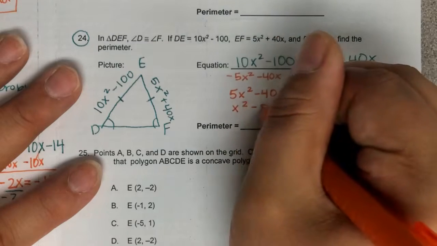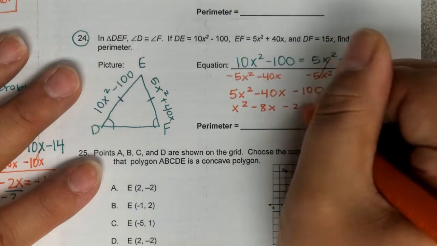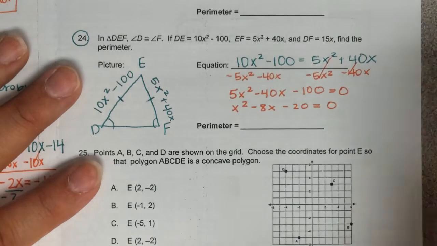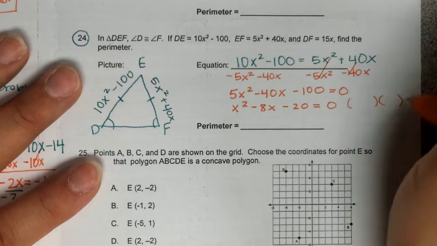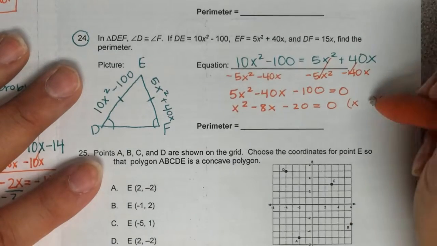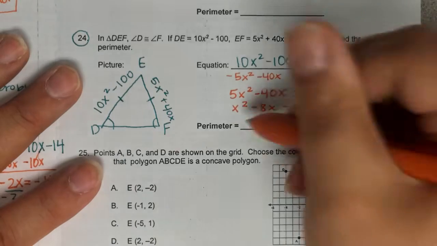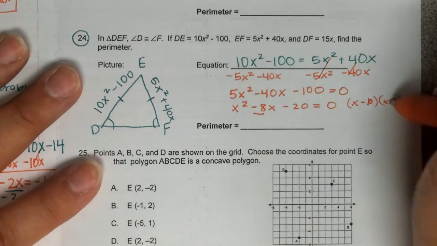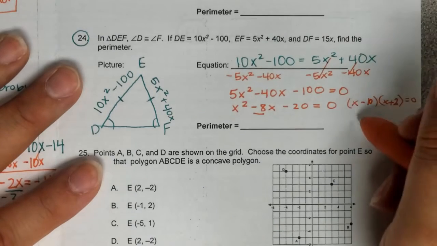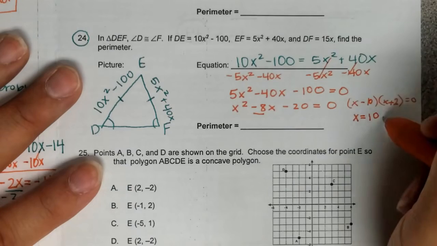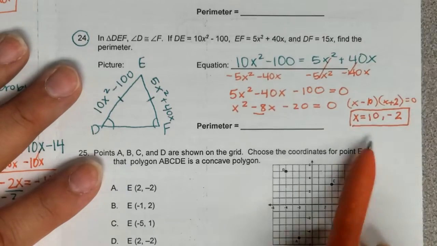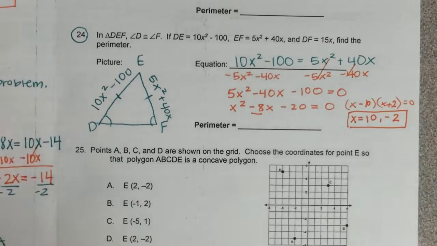So I get x squared minus 8x minus 20 equals 0. What factors of 20 give me 8, 10, and 2? And I want a negative 8, so negative 10 and positive 2. And then don't forget to flip them for your answers. X is positive 10 and negative 2.